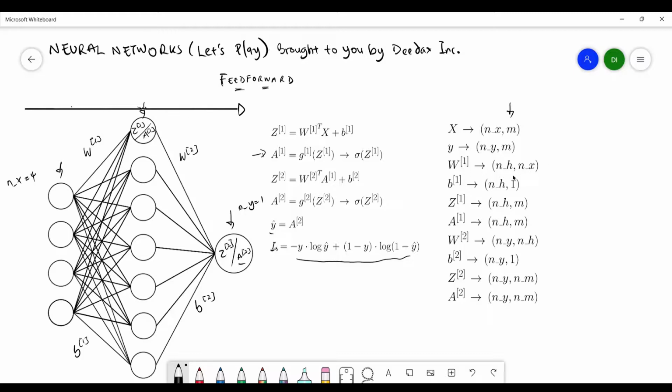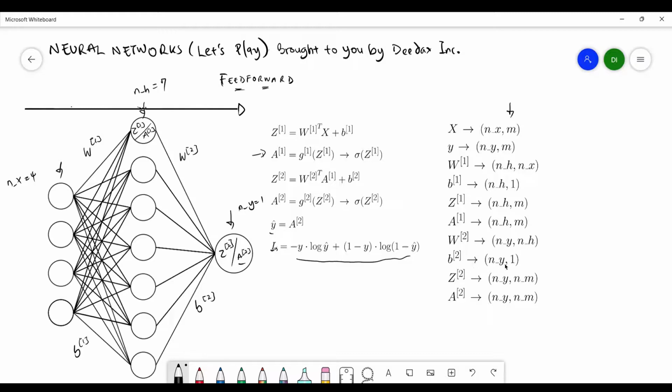W1 would be nh by nx, and nh, this is nh, and I have 1, 2, 3, 4, 5, 6, 7, so nh is 7. B1 would be 7 by 1, Z1 would be 7 by m, A1 same size as Z1, 7 by m, and W2 would be ny by nh, so that's 1 by 7.